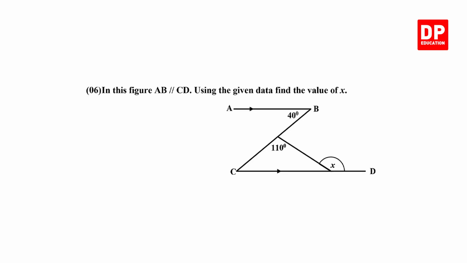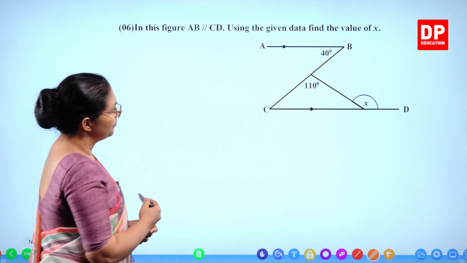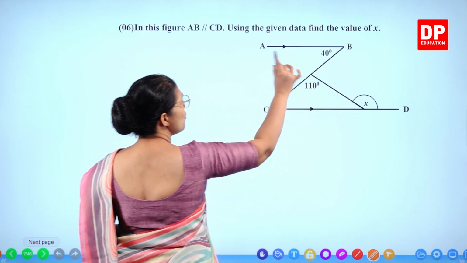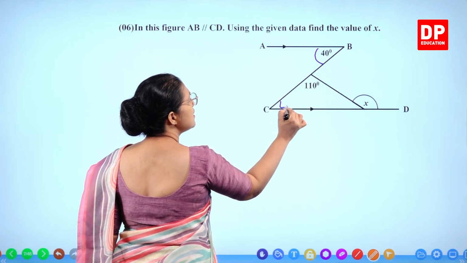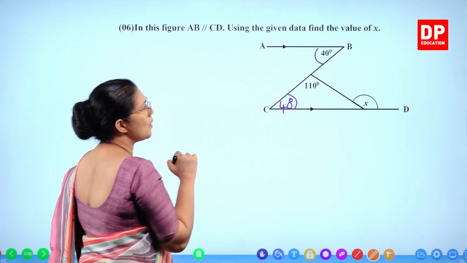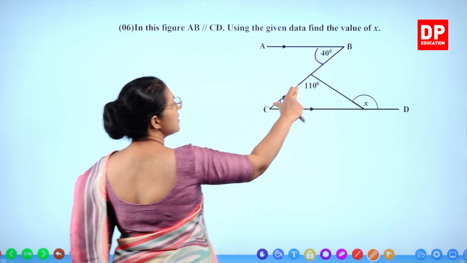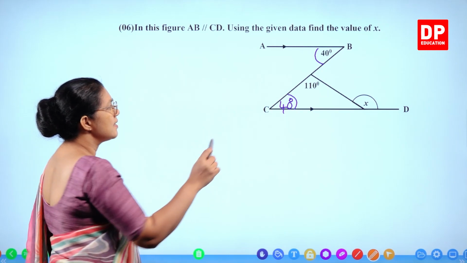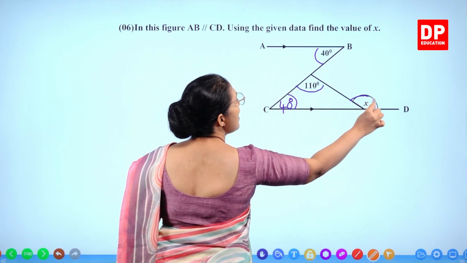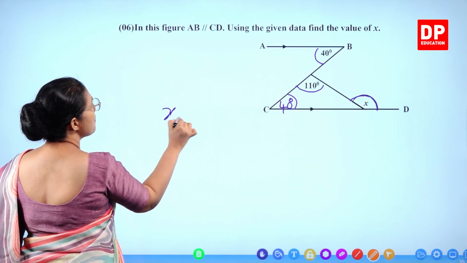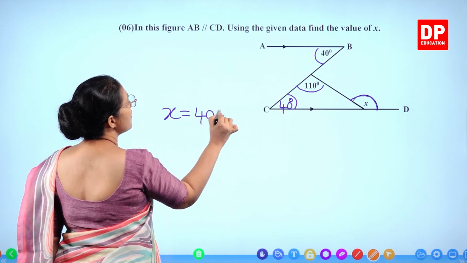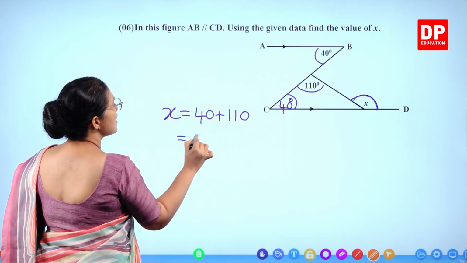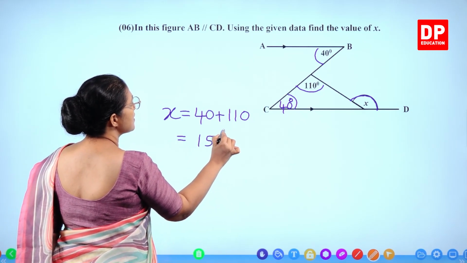Question number 6. In this figure, AB is parallel to CD. Using the given data, find the value of x. Here x is marked. We know that if this is 40, this is also 40, because alternate angles are equal. Now, what is the theorem? The sum of interior angles is equal to the exterior angle. So x becomes 40 plus 110, that's 150 degrees.